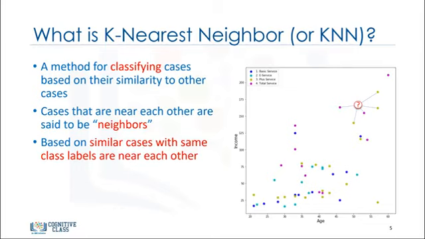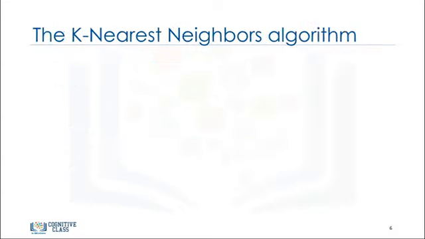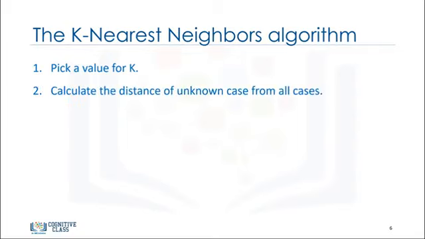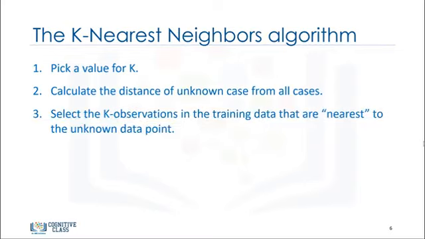Now, let's see how the K-Nearest Neighbours algorithm actually works. In a classification problem, the K-Nearest Neighbours algorithm works as follows. 1. Pick a value for k. 2. Calculate the distance from the new case, hold out from each of the cases in the dataset. 3.